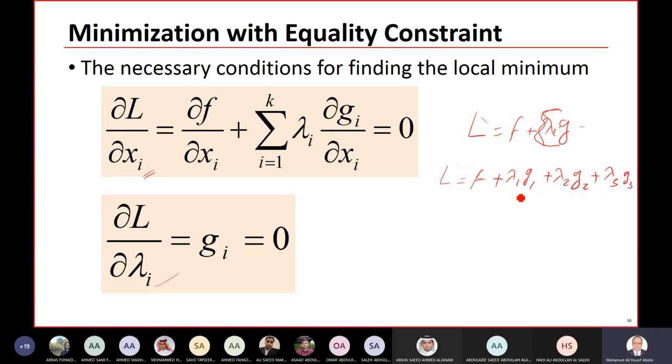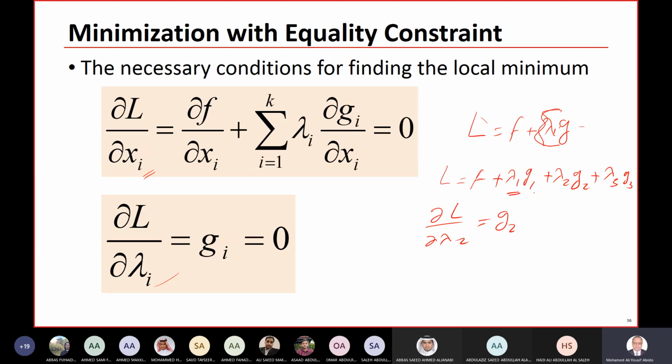So when you get the derivative with respect to lambda 1, it becomes G1. Partial L by partial lambda 2: there is no lambda 1 in this term, so it is 0, and this becomes G2, and the other becomes 0. So partial L by partial lambda equals G.